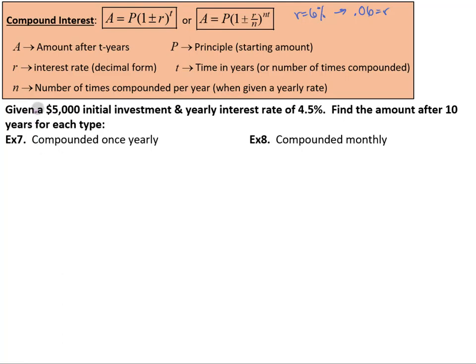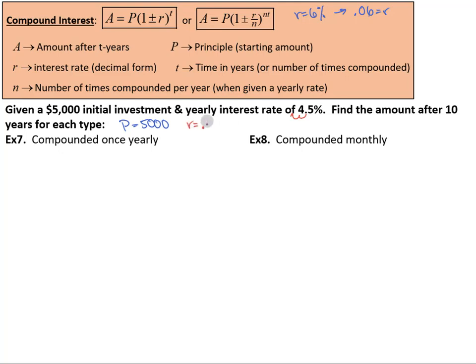All right, given a $5,000 initial investment. Hey, initial investment, that's P. So we know P equals 5,000. And a yearly interest rate of 4.5%. Okay, so here, if I move my decimal twice to the left, we would end up needing to add in an extra 0.